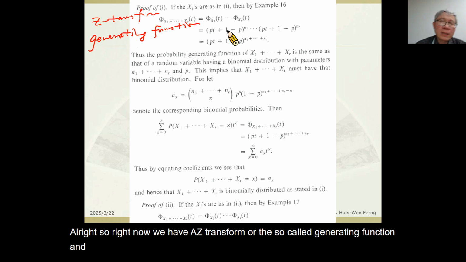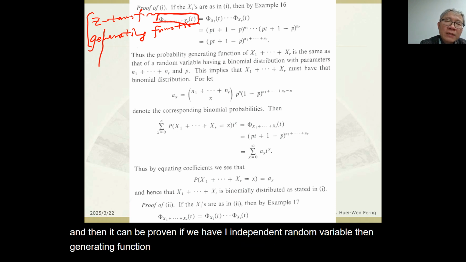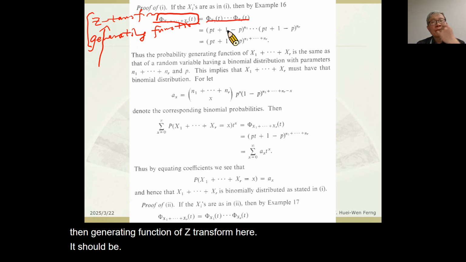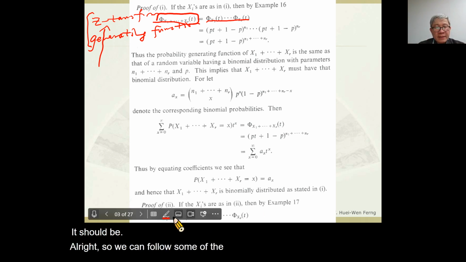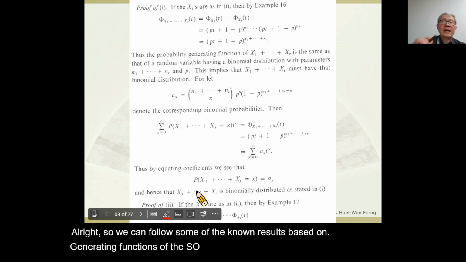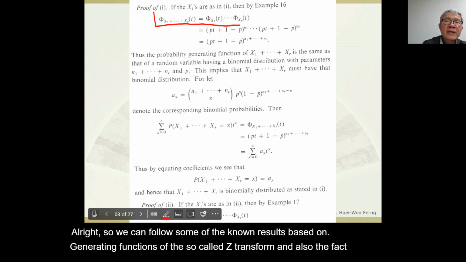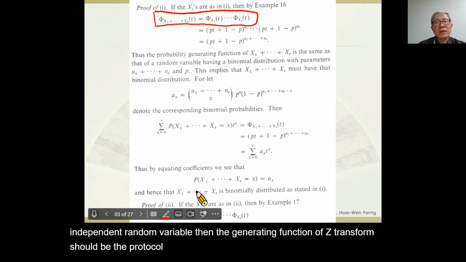And it can be proven that if we have independent random variables, then the generating function or Z transform should be in product form. So we can follow some known results based on generating functions, and also the fact that for independent random variables, the generating function is the product of the individual ones.